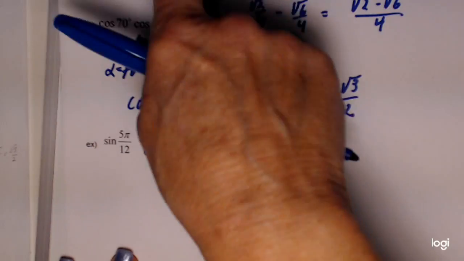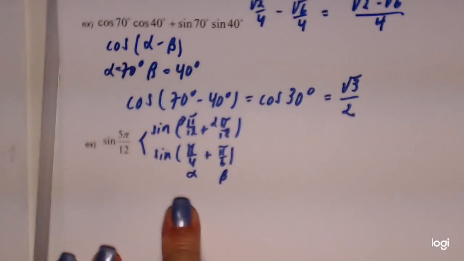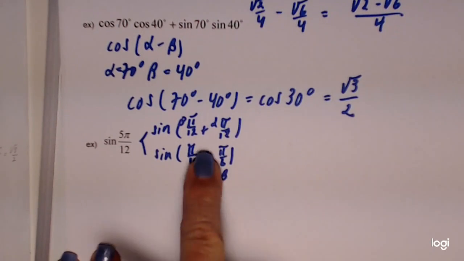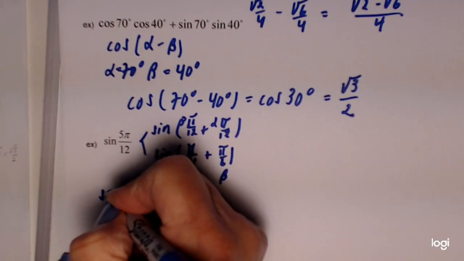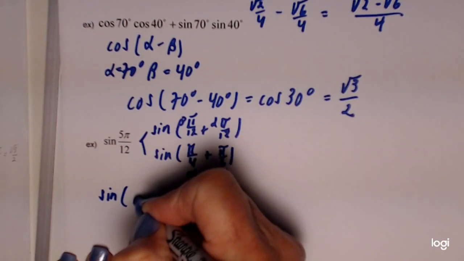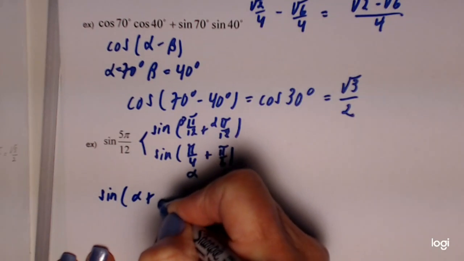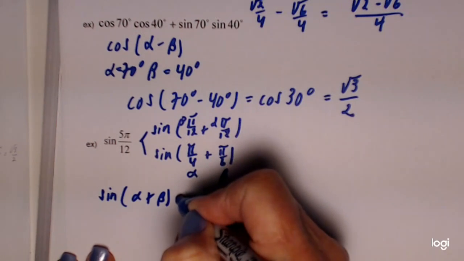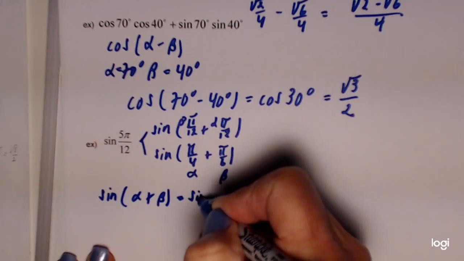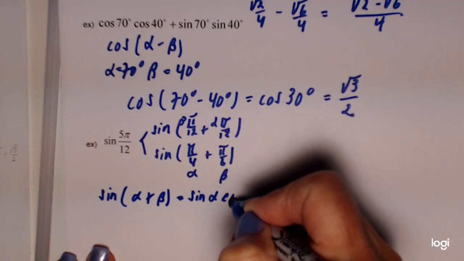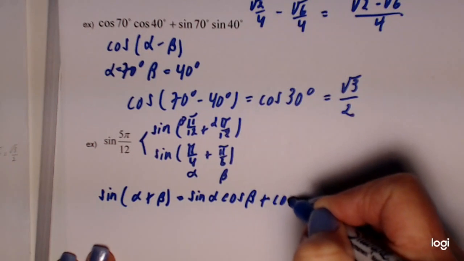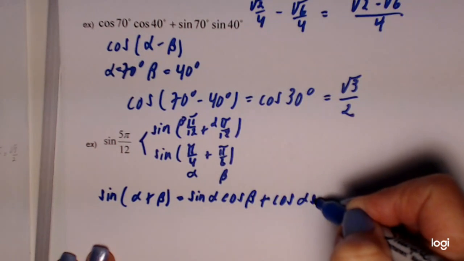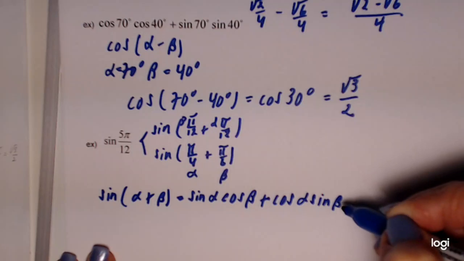So if you look back at the top of your page for the formula, since we're looking at the sine of two angles being added, the sine of alpha plus beta is equal to the sine of alpha times the cosine of beta plus the cosine of alpha times the sine of beta.